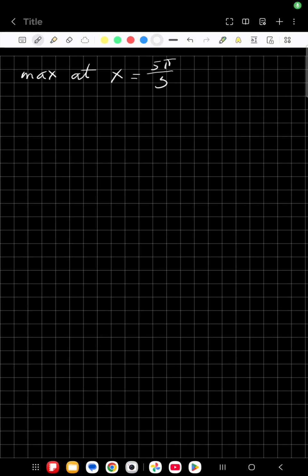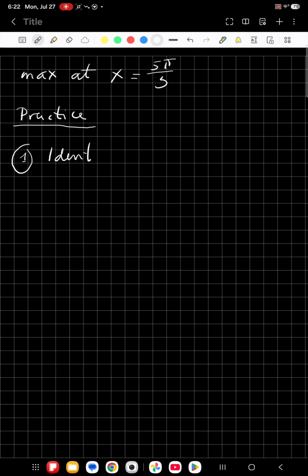Okay, so let's continue, and I'm going to give you a couple practice problems. So practice. Yeah, so the first one, identifying open intervals where a function is decreasing and increasing.